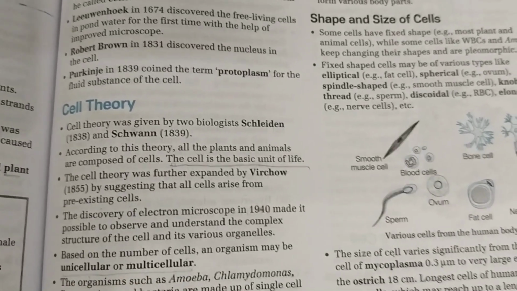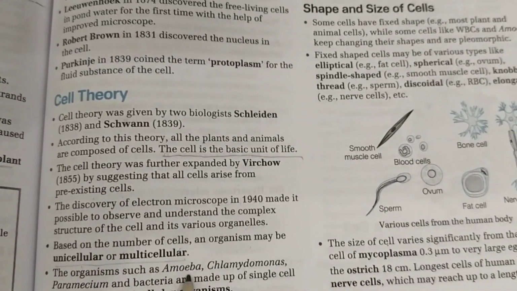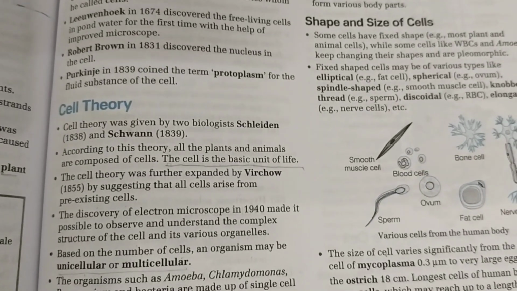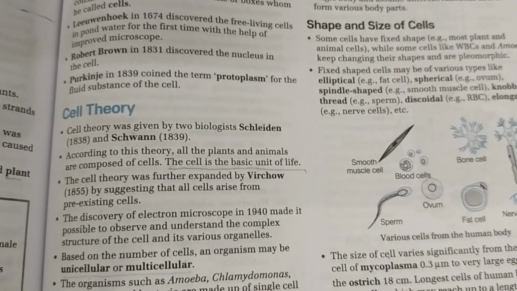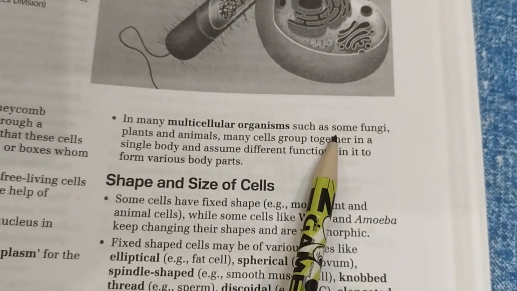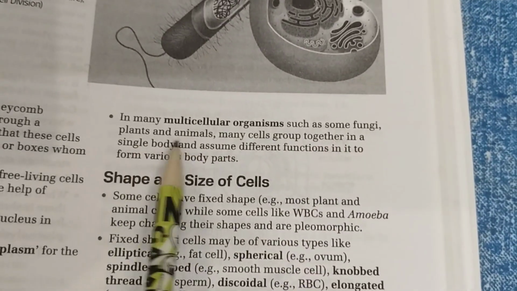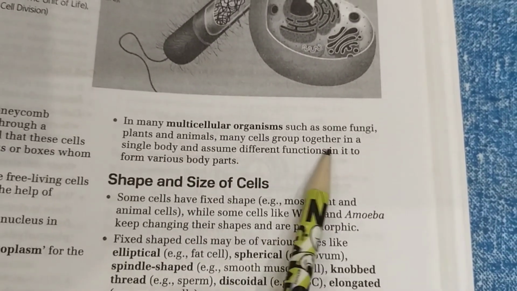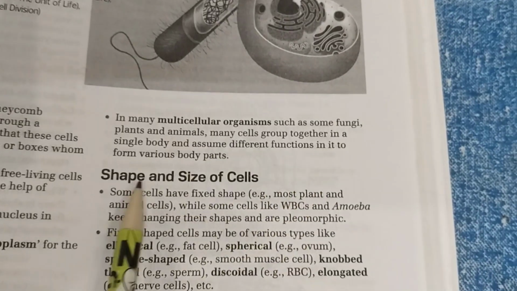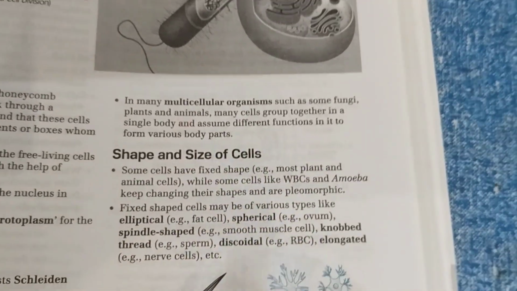Organisms such as amoeba, Chlamydomonas, Paramecium and bacteria are made up of a single cell and are called unicellular organisms. In many multicellular organisms such as some fungi, plants and animals, many cell groups come together in a single body and assume different functions to form various body parts.